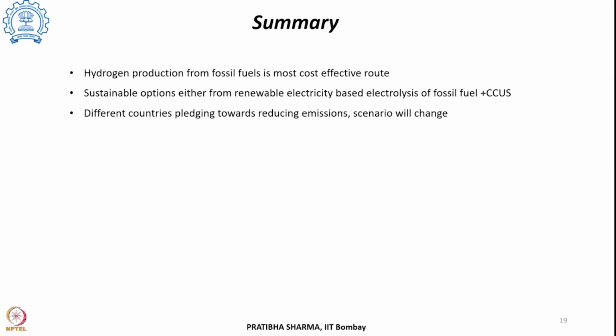There are several advancements going on globally. Different countries are coming up with their road maps and strategy documents, pledging towards reducing emissions, and it is expected that the scenario will change in future. Thank you.